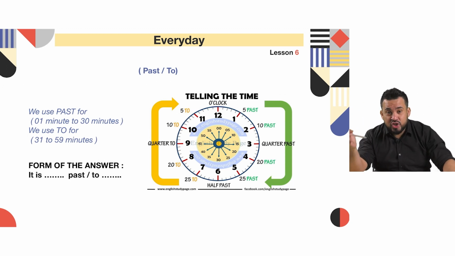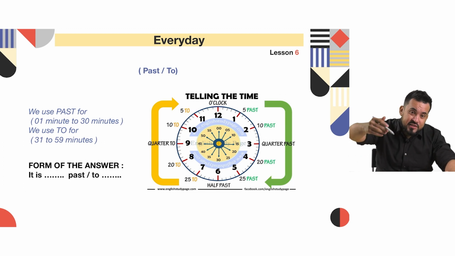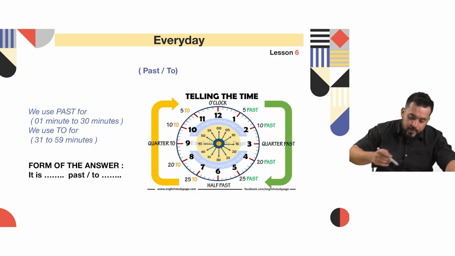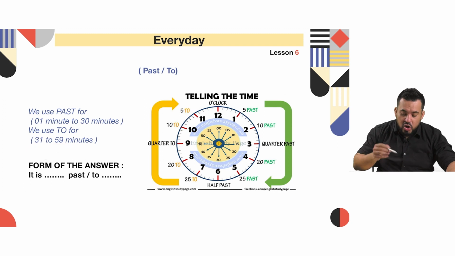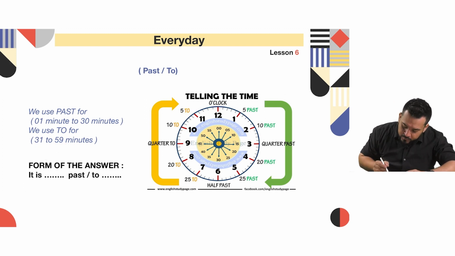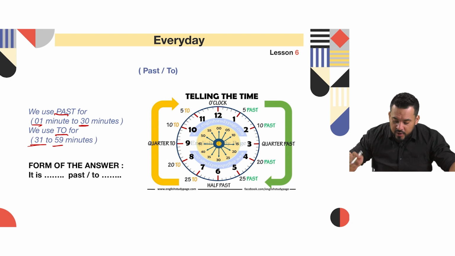If we say it's five to two, that means it's 5 minutes before 2. Or it is from minute 31 to minute 59. So we use past for minute 1 to minute 30, and we use to for minute 31 to minute 59.